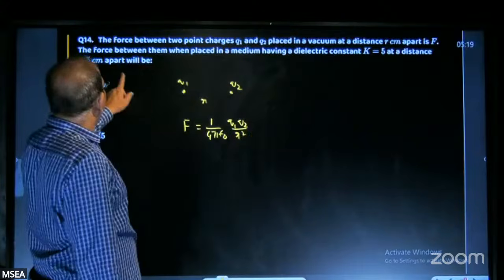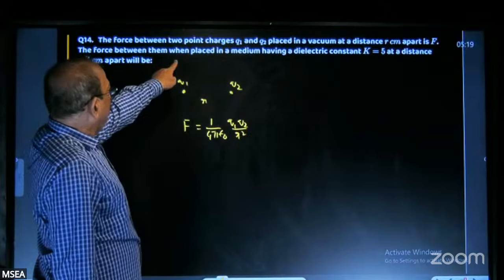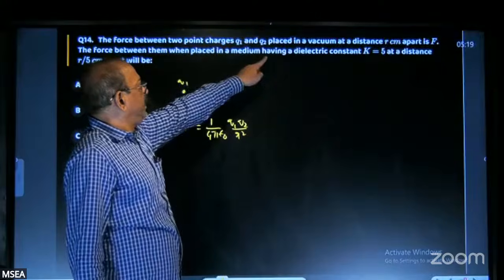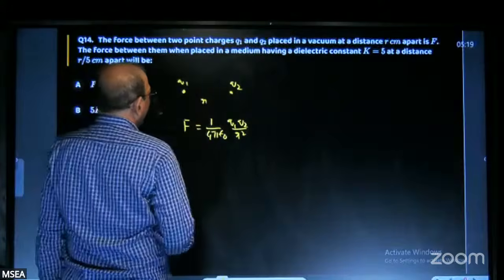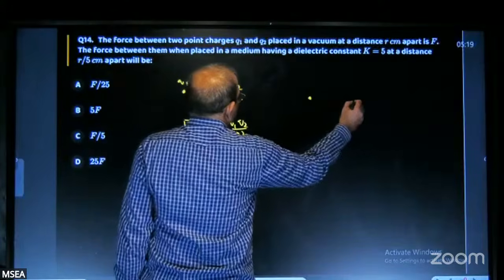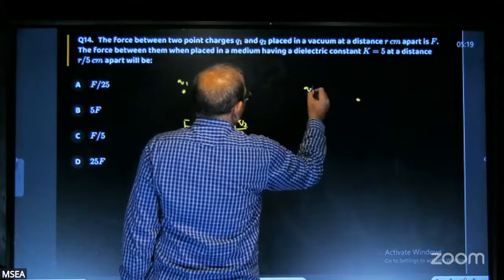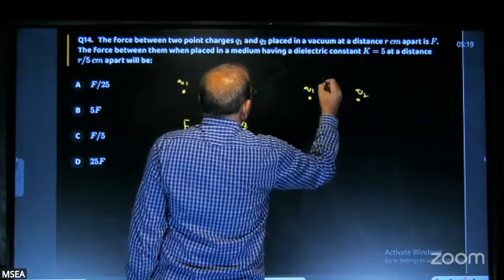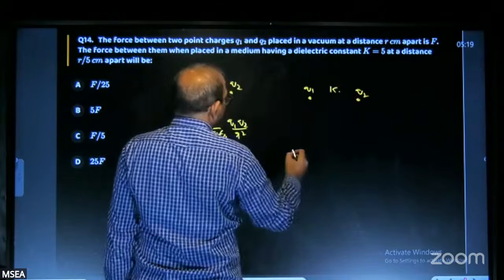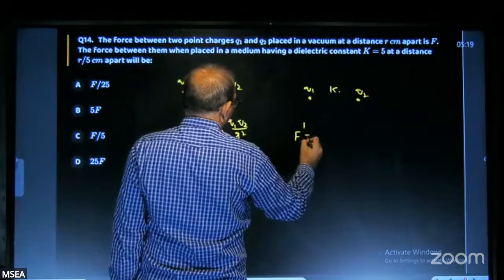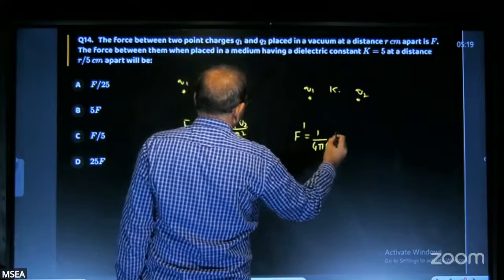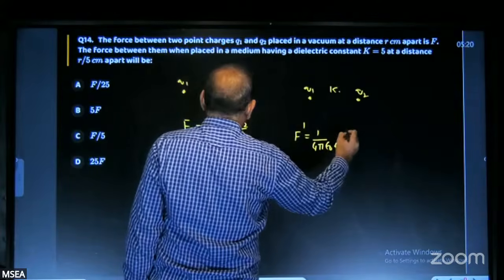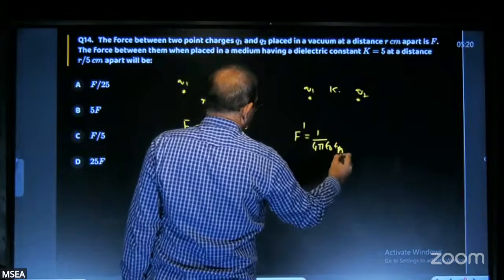This is given. Now the force between them, when they are placed in a medium of dielectric constant K, is given. So if these two charges are placed in a medium of dielectric constant K, then the force F dash will be 1 by 4 pi epsilon naught epsilon r, Q1 Q2 by r square. What is epsilon r?